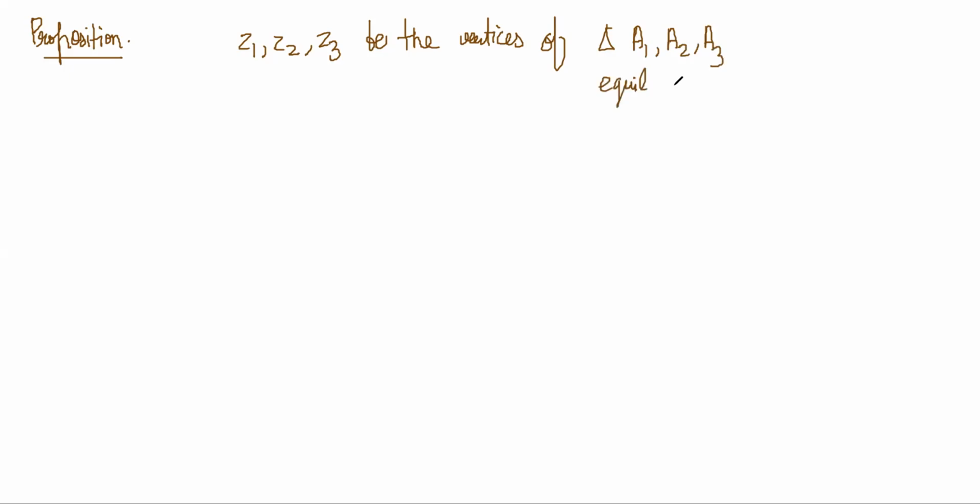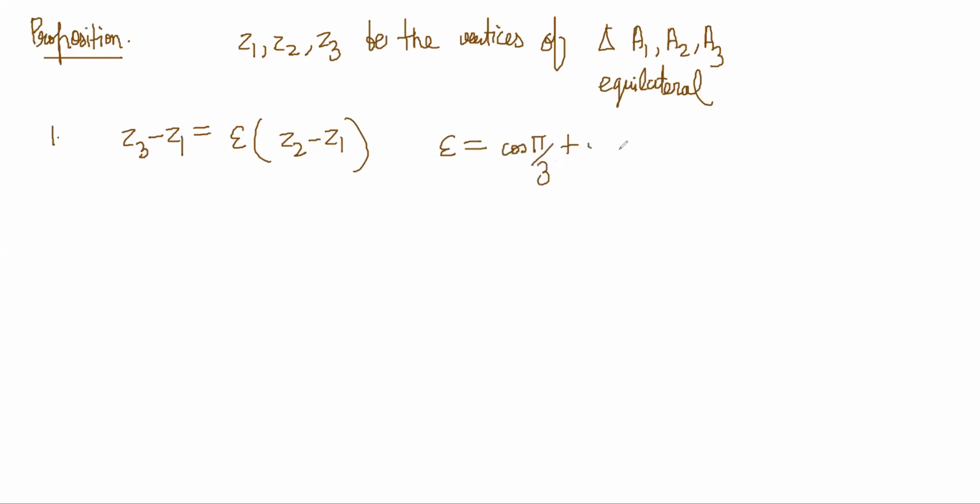Let Z1, Z2, Z3 be the vertices of triangle A1, A2, A3, which is an equilateral triangle. Then we can show that Z3 minus Z1 is equal to epsilon times Z2 minus Z1, where epsilon is equal to cos pi by 3 plus i sine pi by 3.